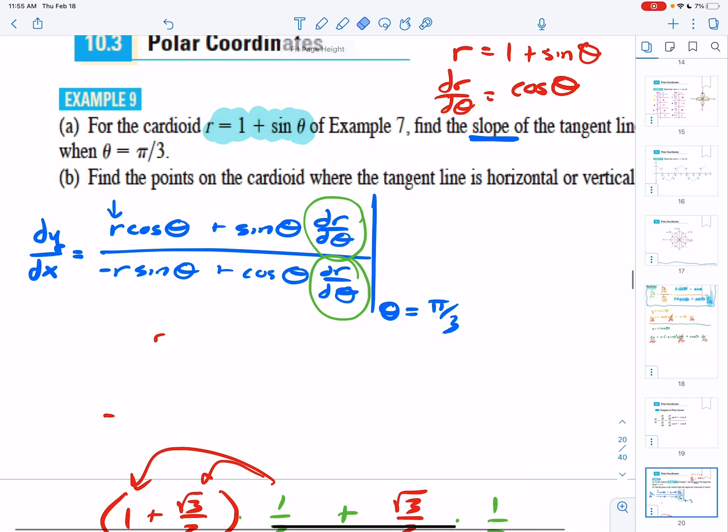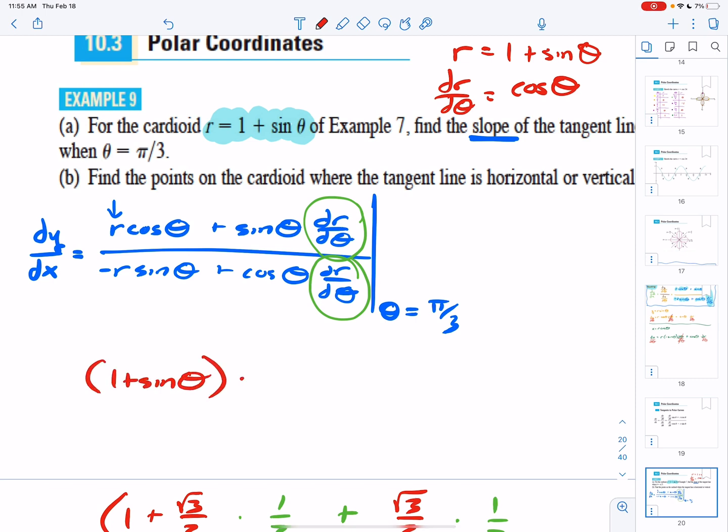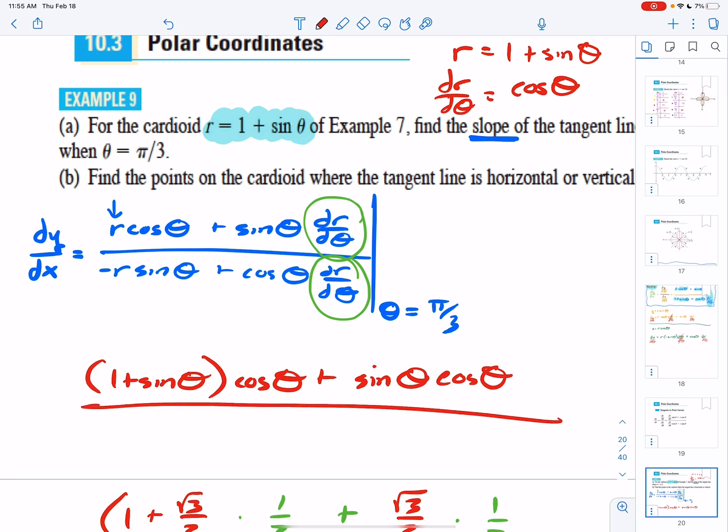We had all of this here. We had 1 plus sine theta times cosine theta plus sine theta times the derivative, which was cosine theta, all over negative 1 plus sine theta plus cosine theta, cosine theta.